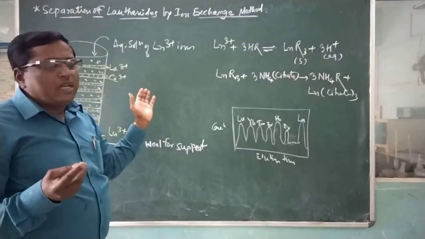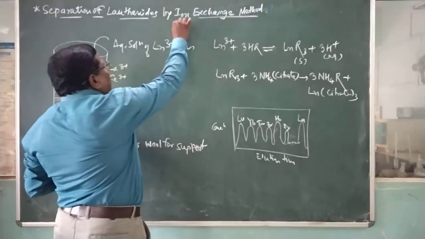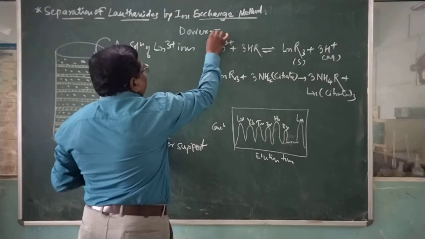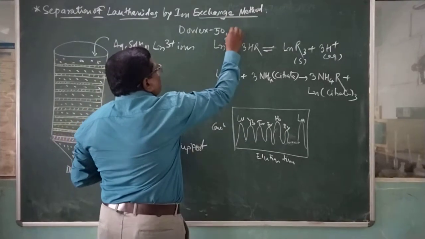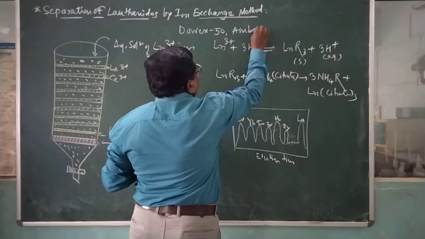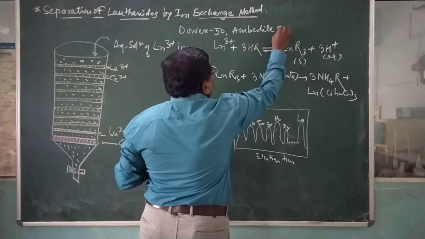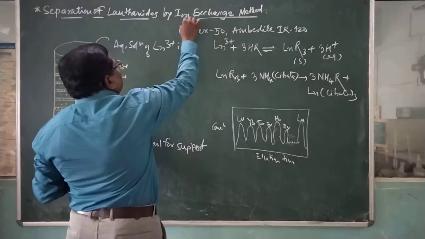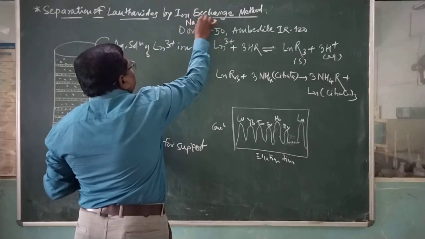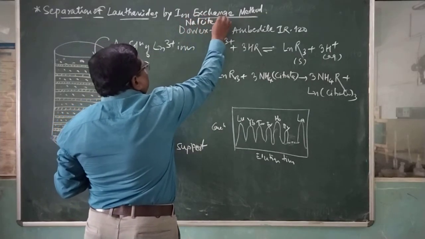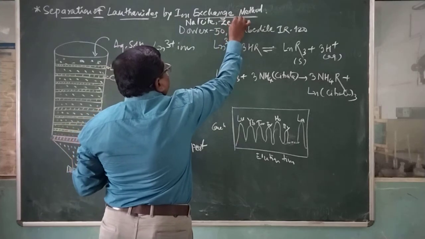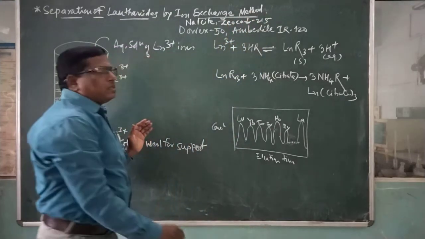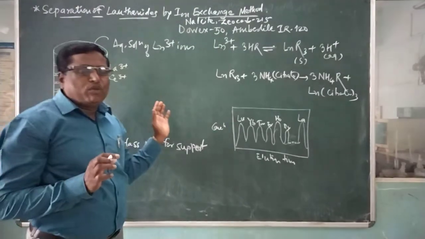The names that can be given are Dowex 50, Amberlite IR 120, Nalcite, and Zeo-Karb 215. These are the numbers for the organic polymers.